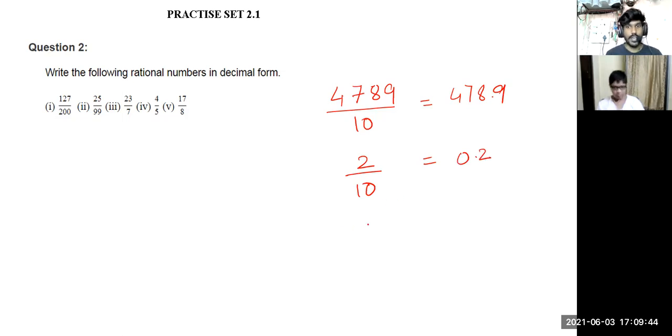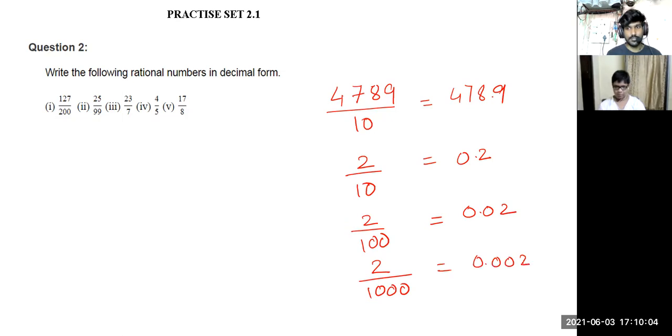And if it is like this, 0.02. Correct. And if it is like this, then 0.002, because after 3 places a decimal point.